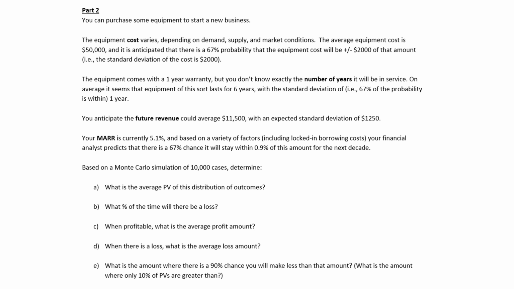I have it listed here as 67%, but it's actually 68%. But what I meant is we expect that most of the time that we run this simulation, the cost would be between $48,000 and $52,000. Some of them will still be more and less than that, but very few. It will follow the normal distribution.